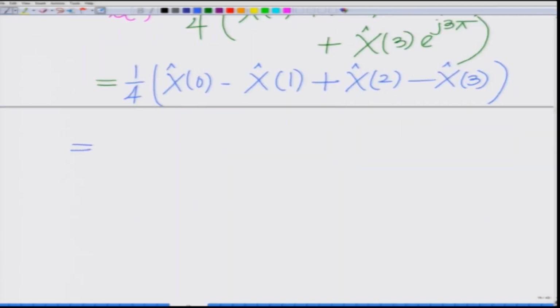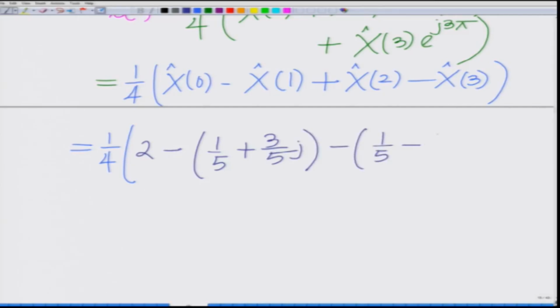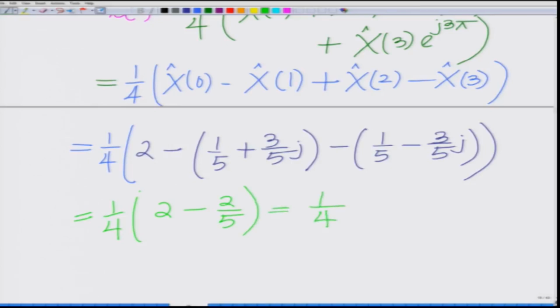Which is equal to 1 over 4 times 2 minus 1 by 5 plus 3 by 5 j minus 1 by 5 minus 3 by 5 j, which is equal to 1 over 4 times 2 minus 2 by 5, which is 1 over 4 times 8 divided by 5, which is equal to 2 by 5.